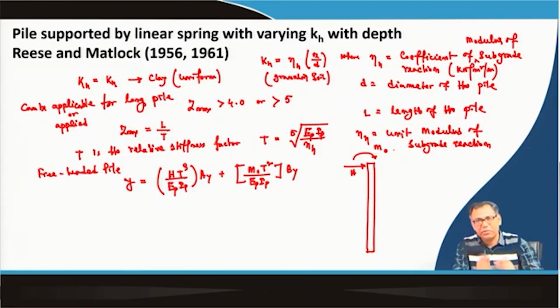In that case, you have to add the deformation due to the moment and due to the horizontal force. So, the total deformation will be something like that, and this deformation y is the summation of the contribution due to H and the contribution due to M.